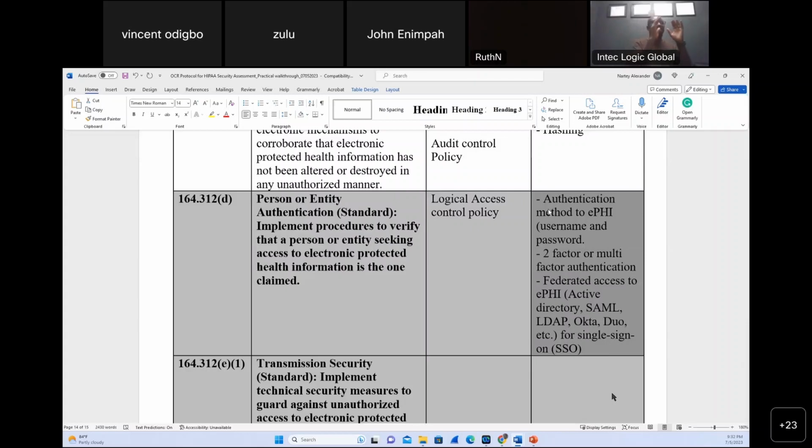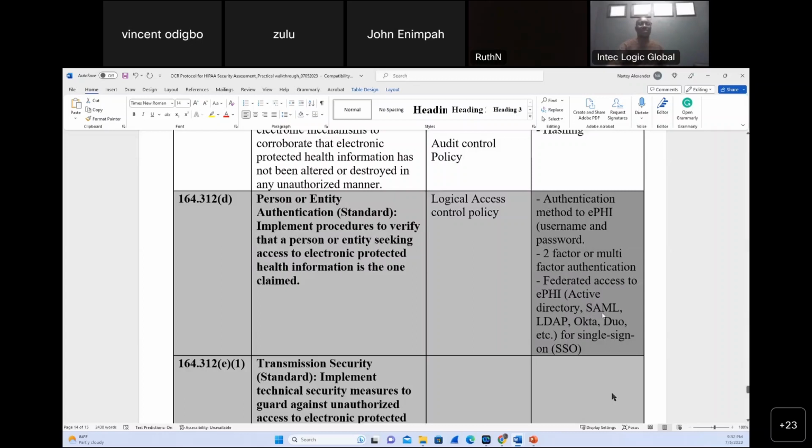People will use one password for this application, a different password, a different password, they lose track. That is where people tend to write passwords down, right? So if it is federated, right, then it means that the same password, if the system is integrated with your password, they have a couple of them.